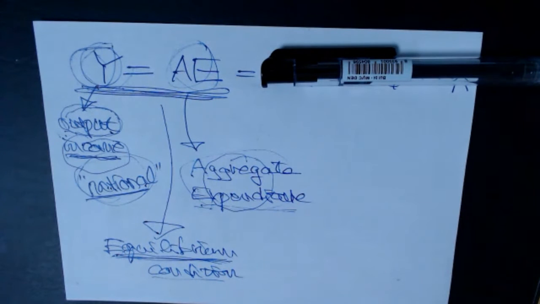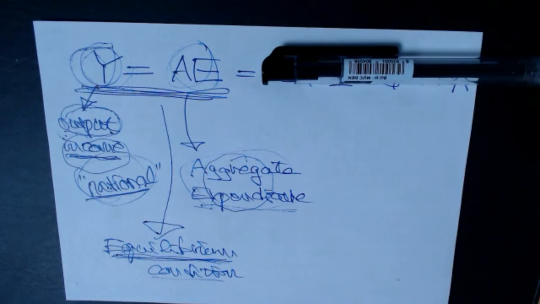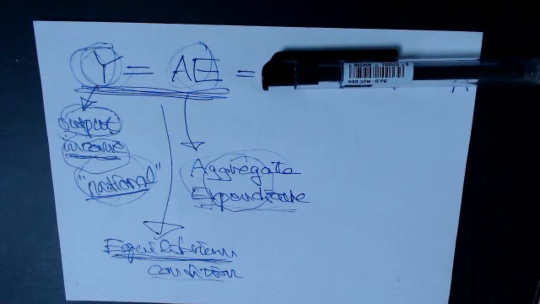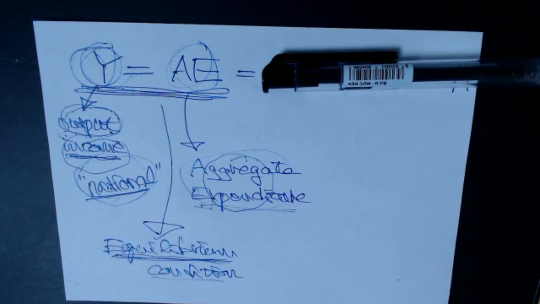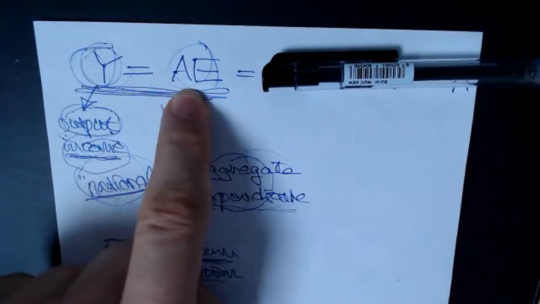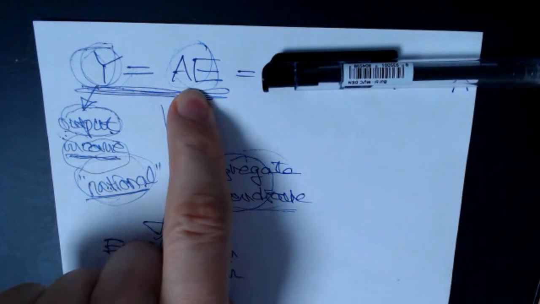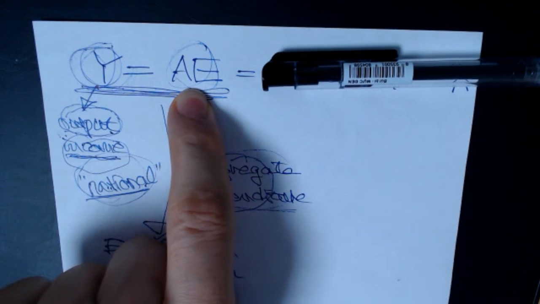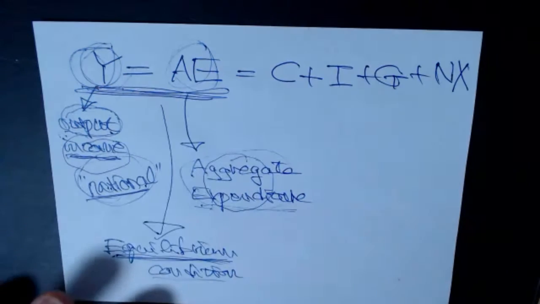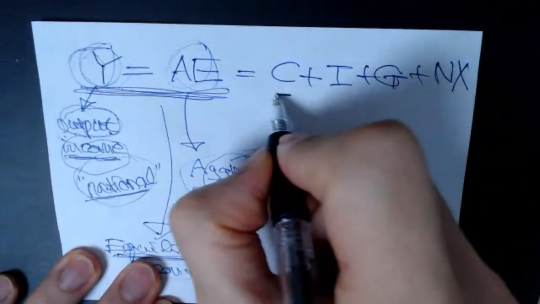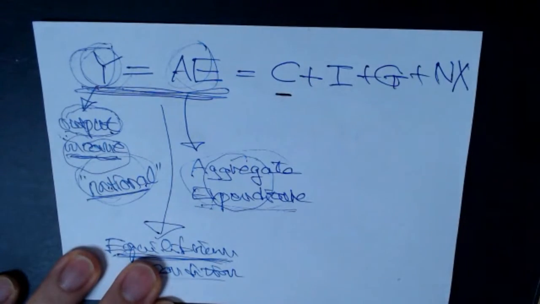Right? Now, if I remove this, we can extend our curiosity to the other side. We know that this is called aggregate expenditure. It's the total consumption in the economy, but we can divide it into 4 categories, depending on who makes that purchase. The first one, C, represents consumption.